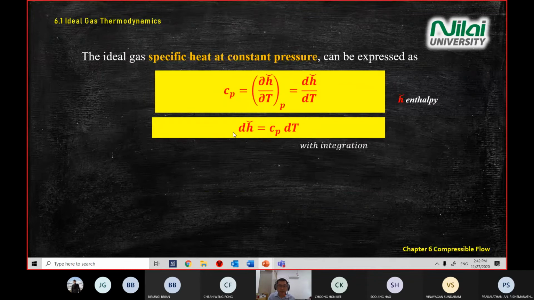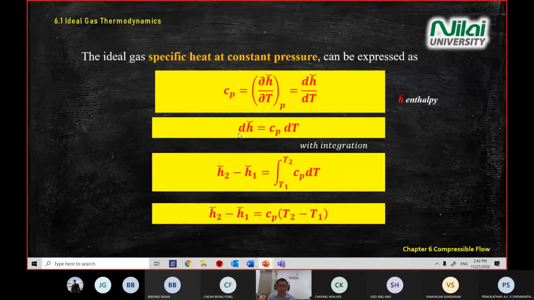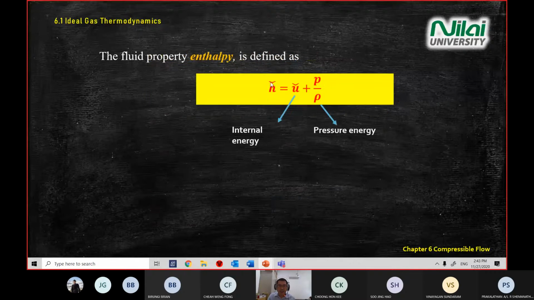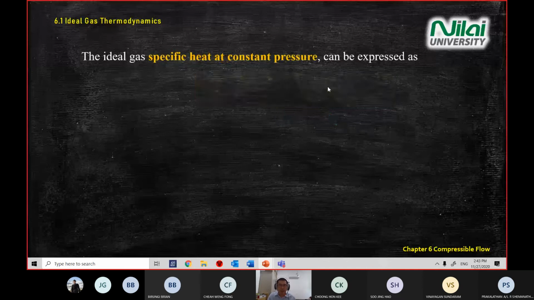Okay, we already have this one, and then H is the enthalpy. Enthalpy, our H hat, consists of internal energy and pressure energy. So this is also important. We will look at this many times today.